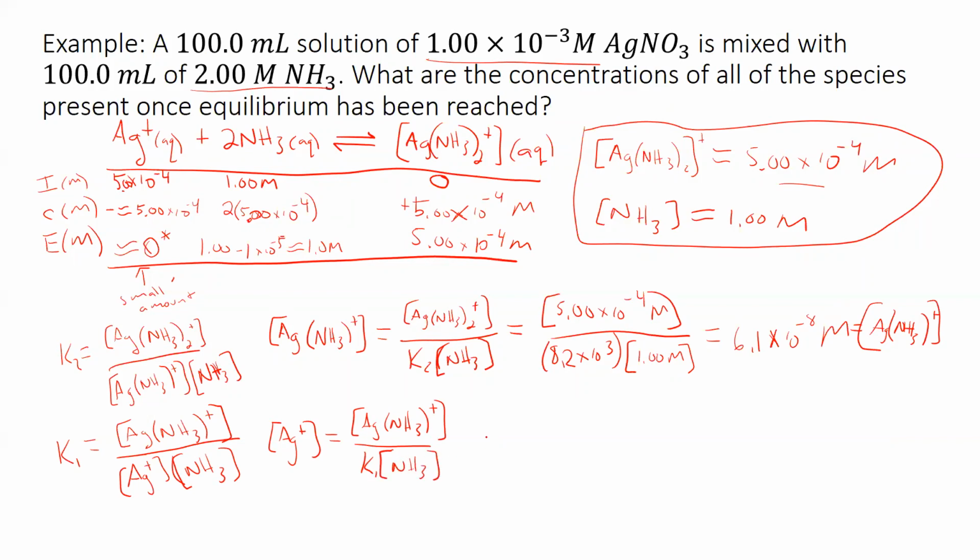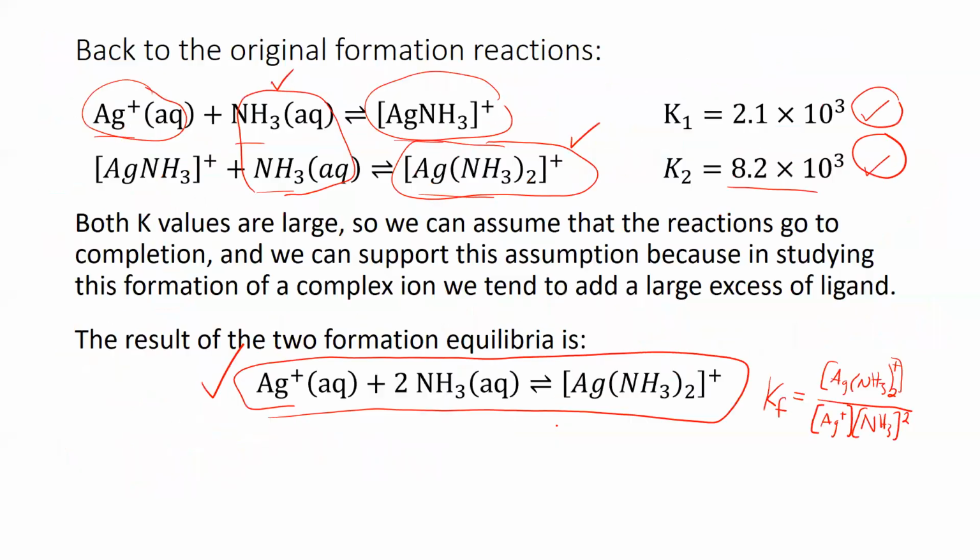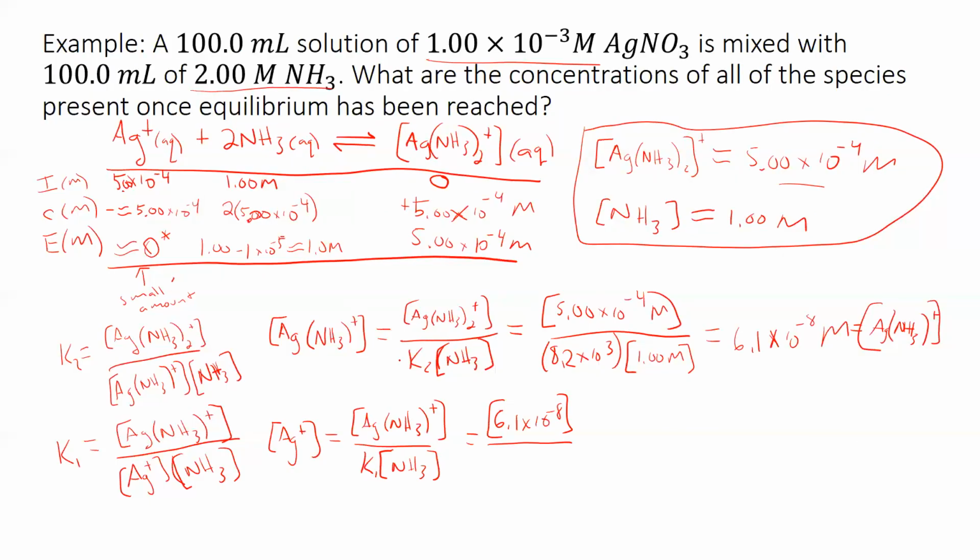And we plug those values in. So we have our 6.1 times 10 to the minus 8 divided by our K1, so 2.1 times 10 to the third, times 1 molar.